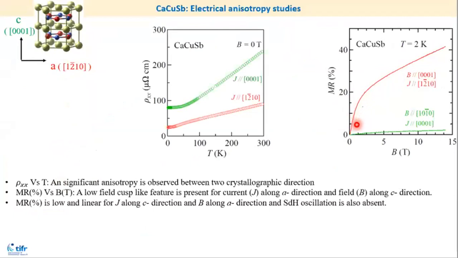One way you can do it is maybe a little bit rough, but still it can give you something, as far as my understanding goes. The magnetic field is not too large, and this cusp-like feature means the conduction is still happening near my Fermi level.